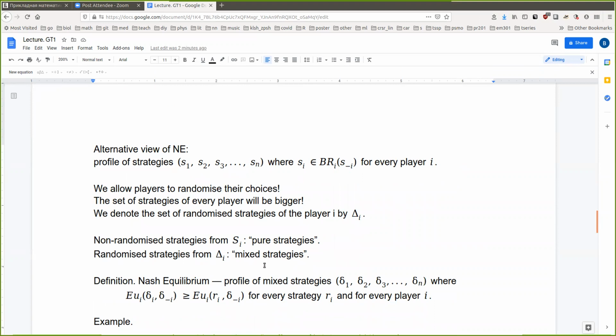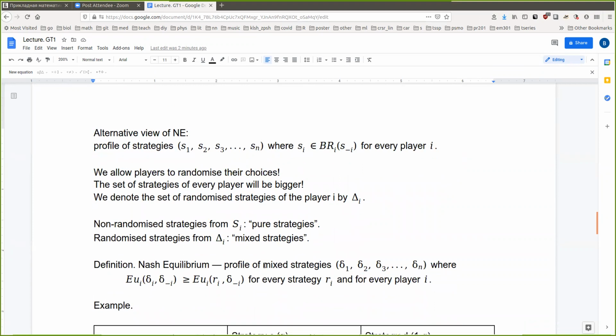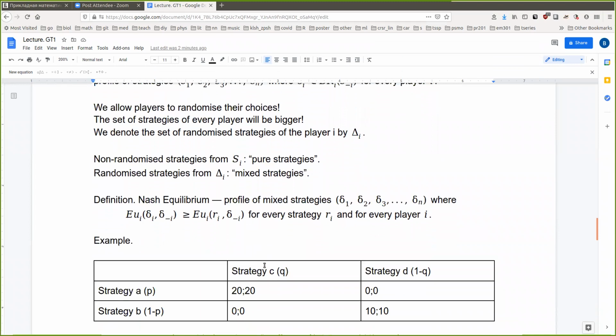We just put expected value, and every player maximizes his expected utility by choosing his mixed strategy, keeping other strategies fixed.